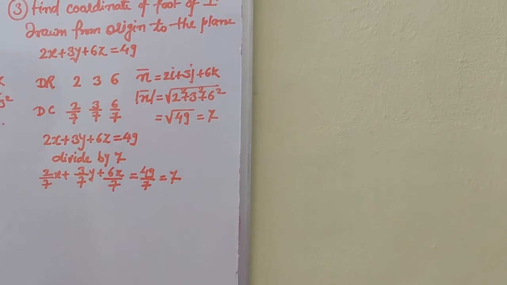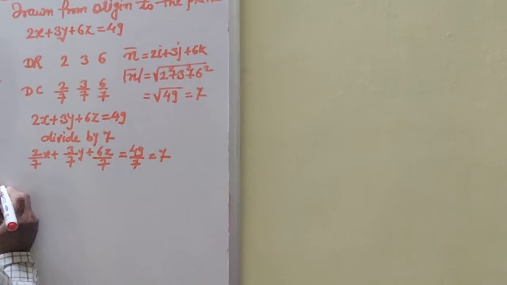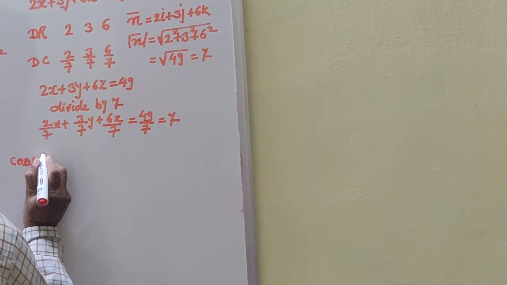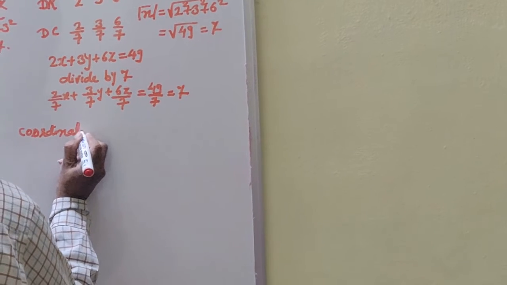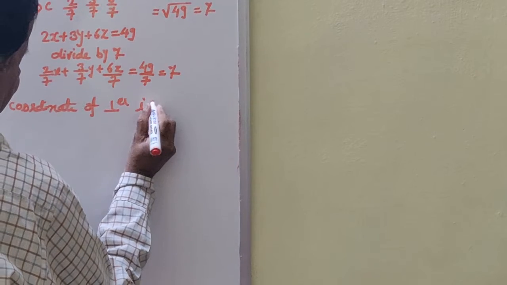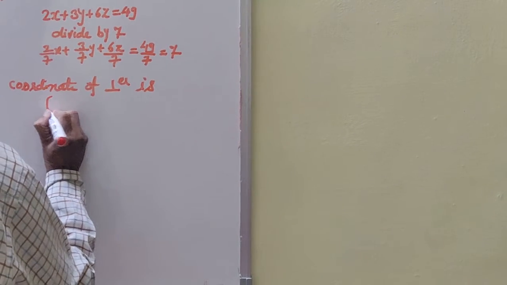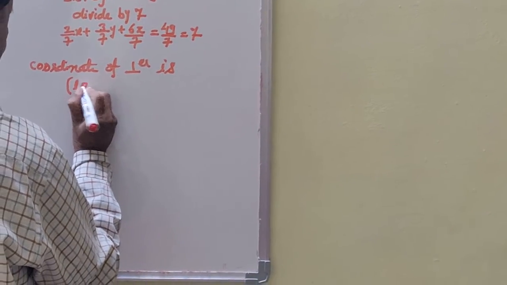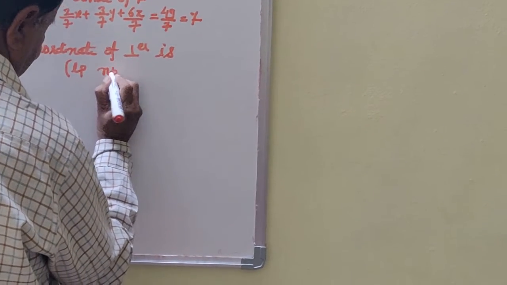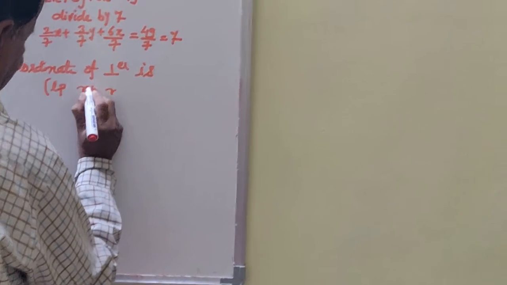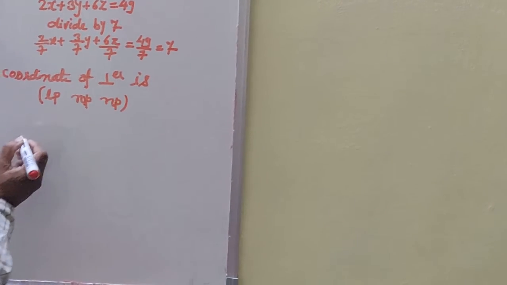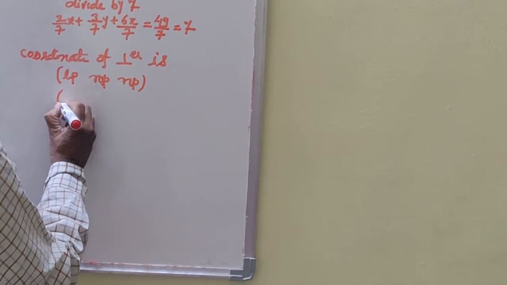Now I want to find the coordinates of the foot of the perpendicular. The coordinates of the foot of the perpendicular are given by (lp, mp, np). Now I will substitute the values.